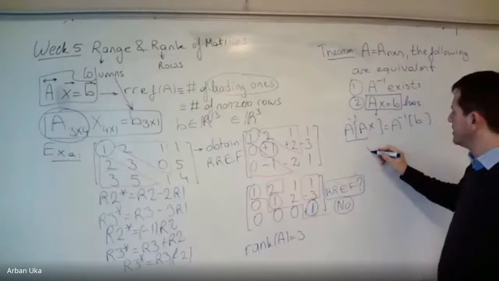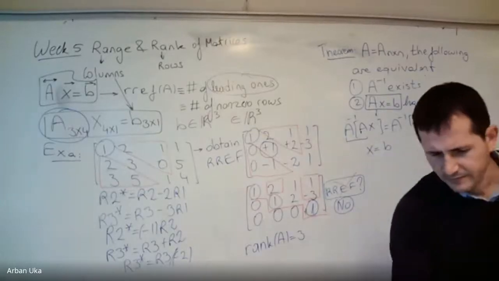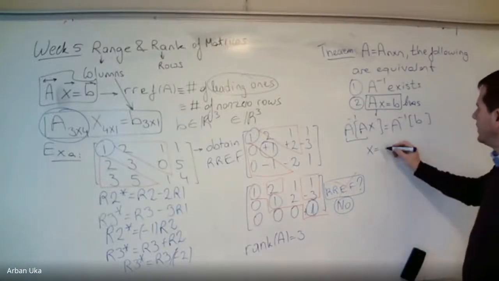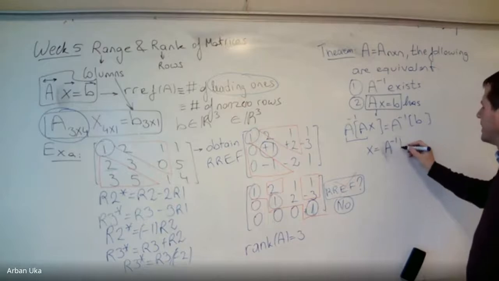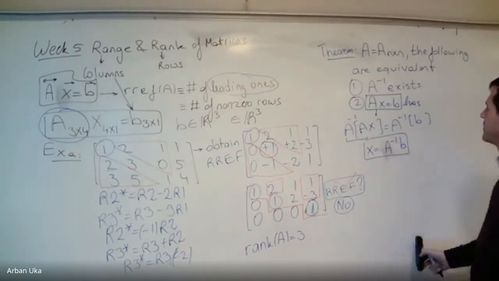The identity matrix. And here we get that X is equal to A inverse times B. So this means that this is pretty well defined for this reason.